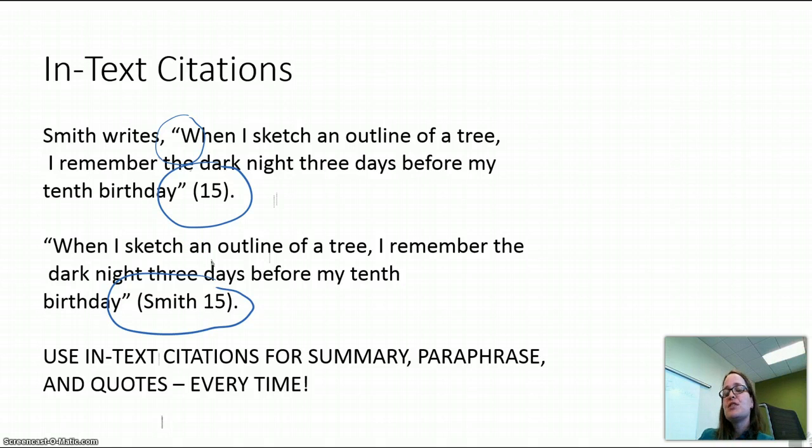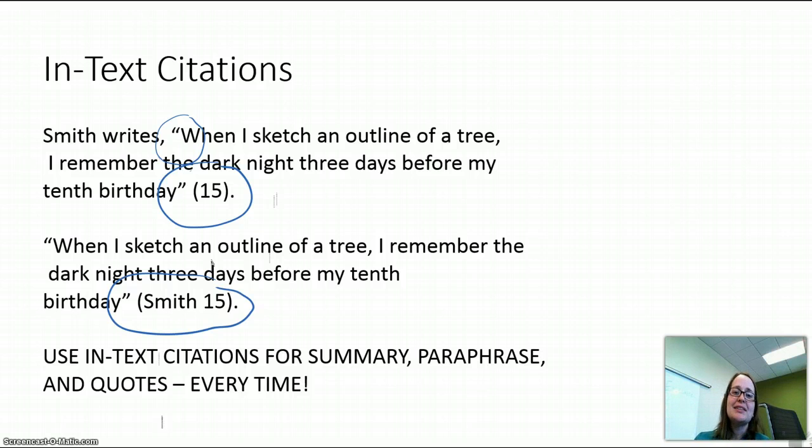At the top you're going to see Smith writes, and then a comma. So you might be asking, well, when do I use a comma and when don't I need a comma? Because sometimes you do and sometimes you don't. If the sentence works, if what you're writing works without the signal phrase as a sentence, then you want to add the comma. If you absolutely need Smith writes in there, then you don't use a comma.